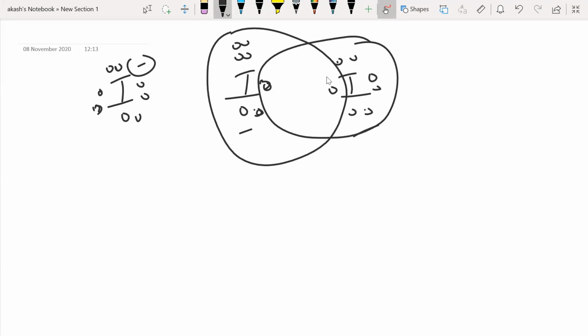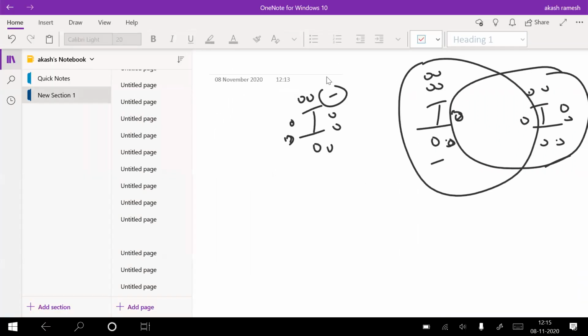Done. But still, I have to make sure that this iodine is somehow bonding. What do you think is going to happen? How is it that the third iodine atom is going to get bonded to the central iodine?